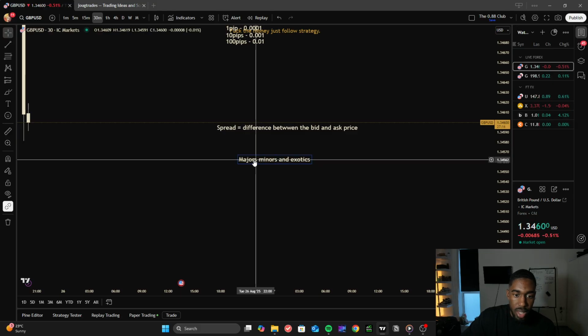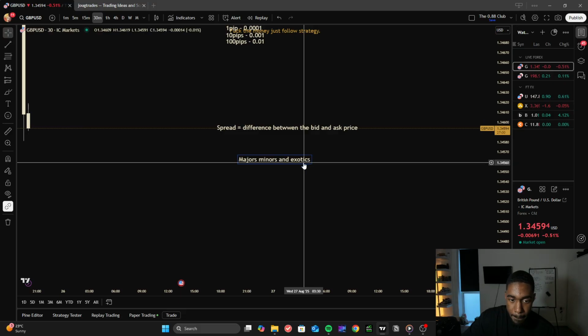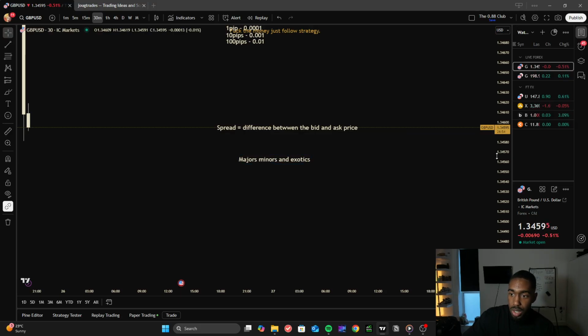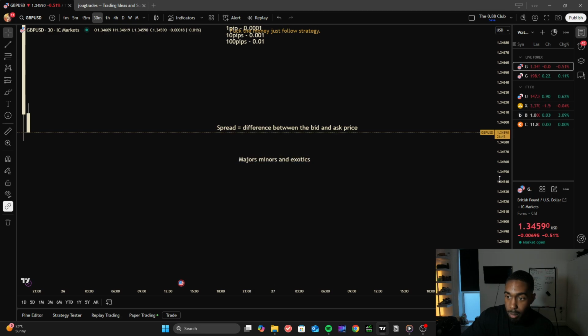So majors have tighter spreads. Tighter spreads are good because you're going to get filled closer to where price actually is. The reason majors have tighter spreads is because they have large liquidity and less volatility compared to minors and exotics. Because of this, you see how price is moving. It's very calm. So if I want to enter right here, I'm probably going to get entered right here. Versus with exotics and minors, they move up, down, up, down, up, down.